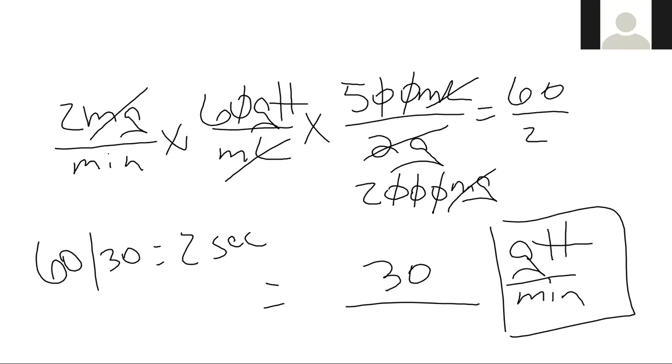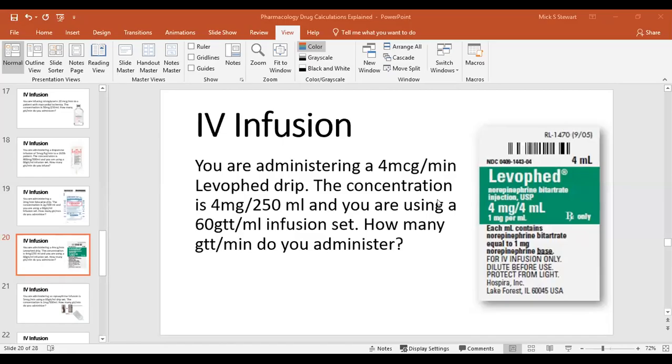Okay, and I've got one last problem to show you. We're going to end this with a little Levophed, also known as norepinephrine. So we're administering Levophed, norepi, 4 micrograms per minute with a drug concentration of 4 milligrams and 250 mLs.